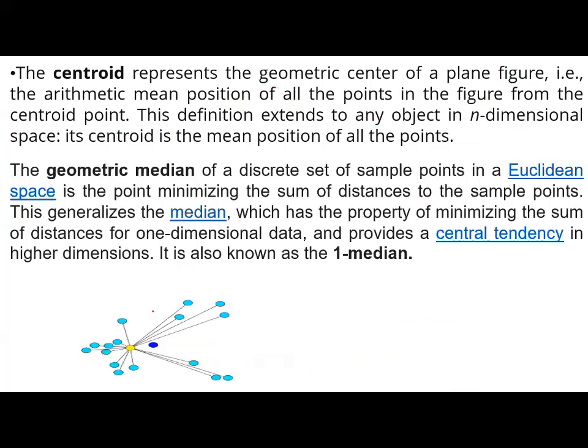Let us see this. This is called the Euclidean mean. The geometric median of a discrete set of sample points in Euclidean space is the point minimizing the sum of distances to the sample points. For example, if we consider these are all the sample points, 1, 2, 3, 4, 5, 6, and we calculate the median, this would be the median.